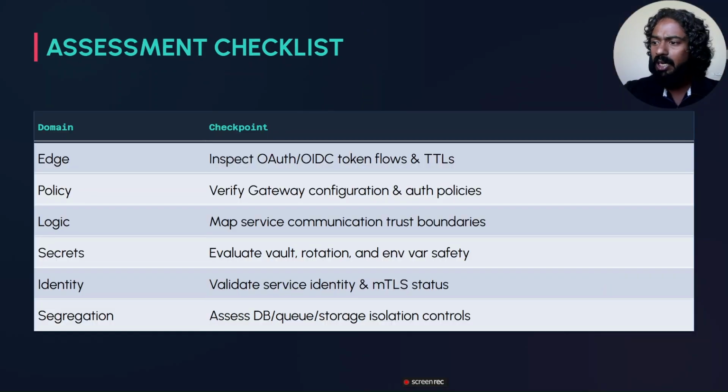Then, as usual, we'll have an assessment checklist here. This is just for your systematic process. You walk through the entry points, OAuth, OIDC flows, API gateway config, the validation and WAF policies, and the microservices trust boundaries. We spoke about this, right? One microservice directly talking to another one is not supposed to happen.